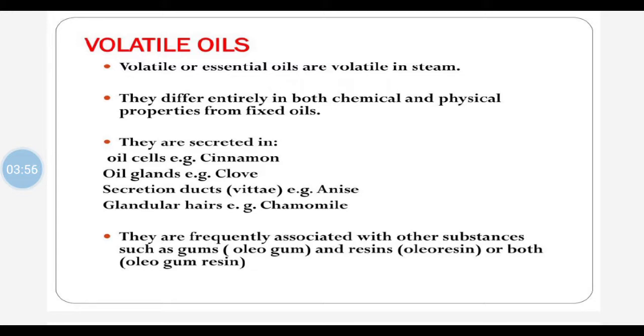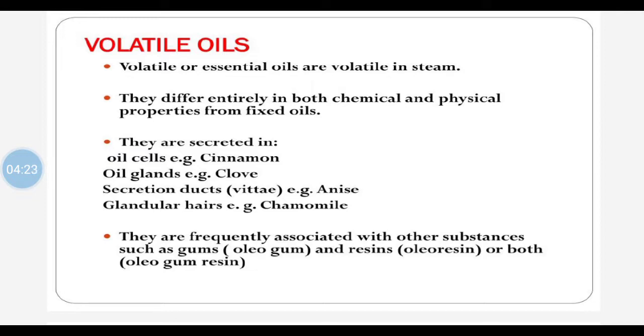Then oil glands, which are present in clove. We have seen the transverse section of clove flower, isn't it? Then secretion ducts, for example, vittae cells. So in the transverse section of coriander fruit, we have seen that there are two vittae cells, isn't it? This vittae cell is the main character which contains the chemical constituent of the drug.